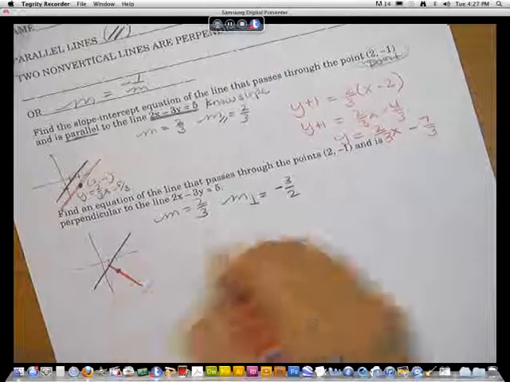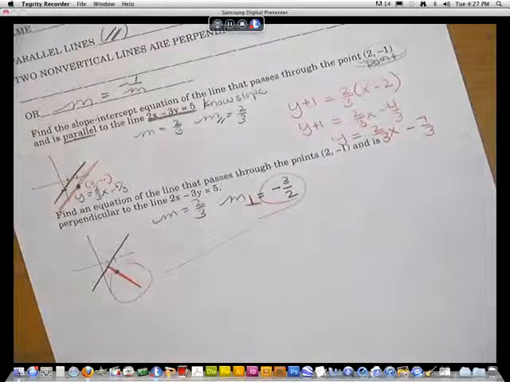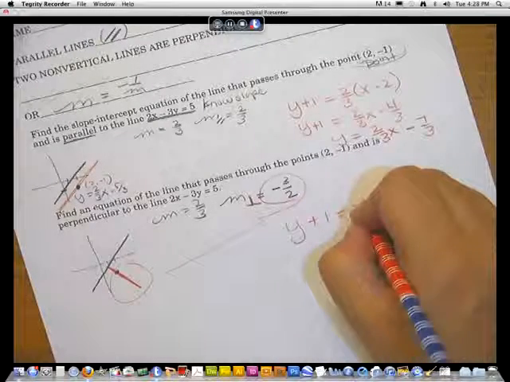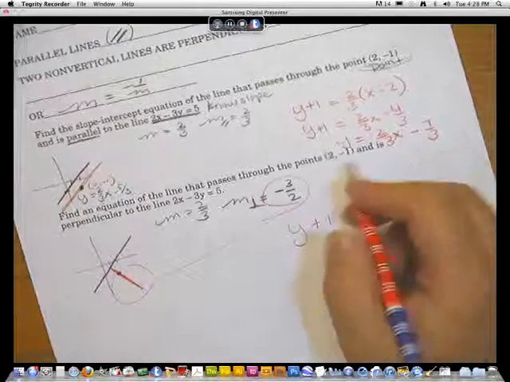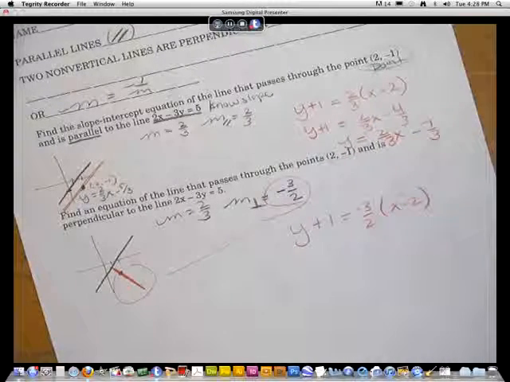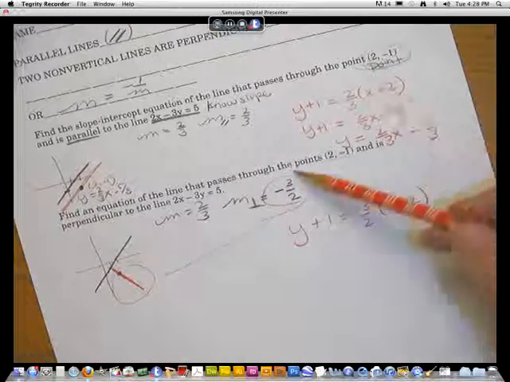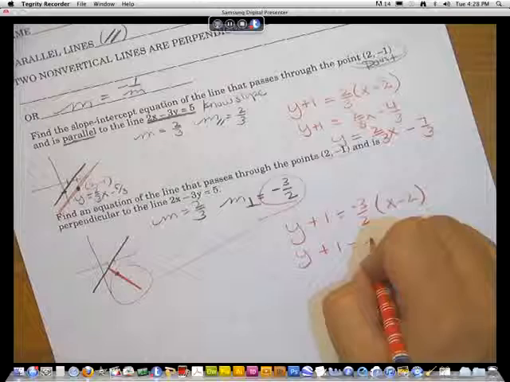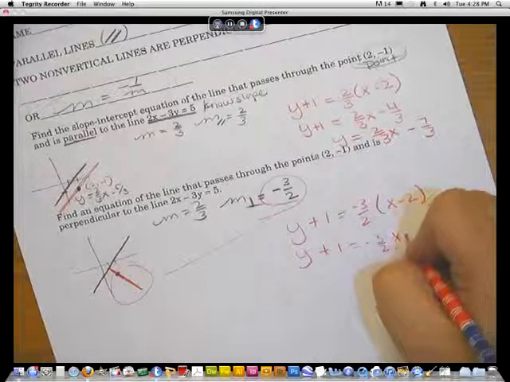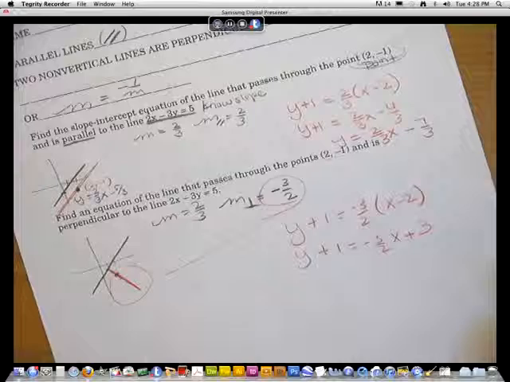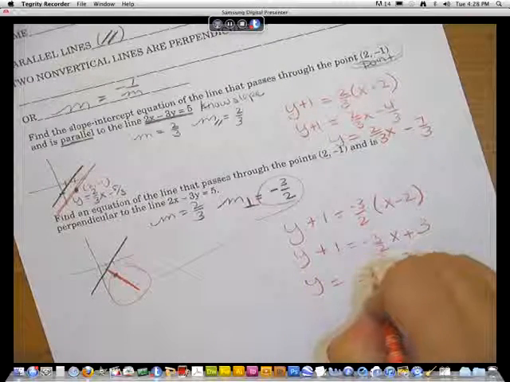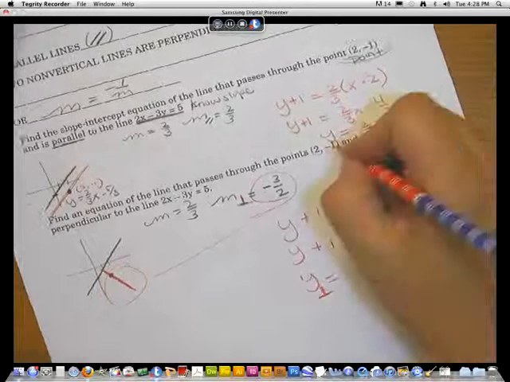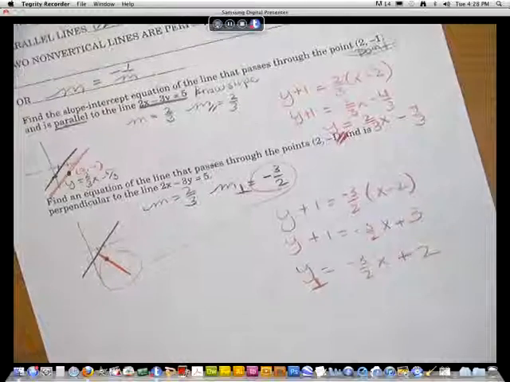That's the slope of my line that I need to use in the point-slope formula. We know the point. So the point is not something we had to find, it was given. The slope is what we had to find. Do some distributing. And simplify. So this is the perpendicular line. This is the parallel line.